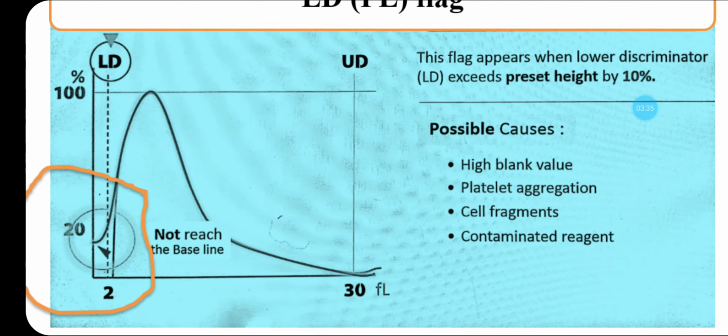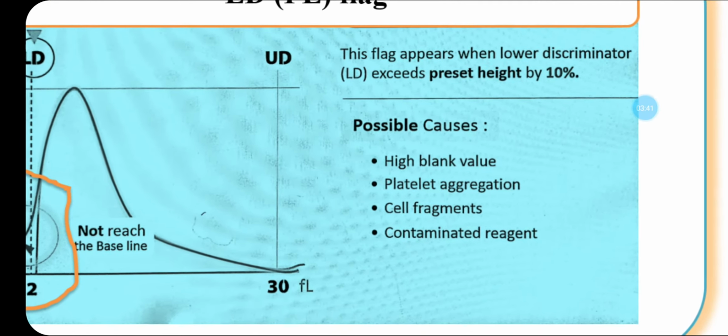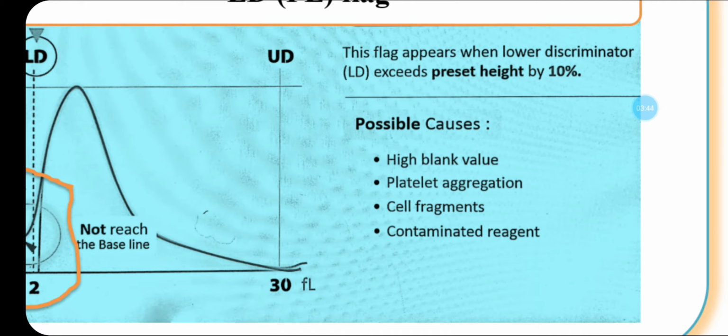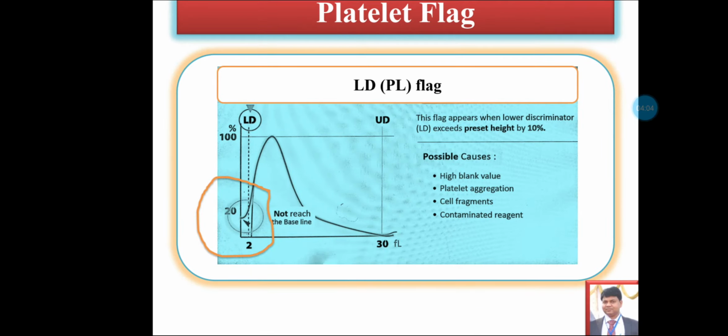If the lower discriminator exceeds the preset height by 10%, the flag appears. The possible causes of this flag are high blank values, in which there is a change in the electrical currents and potential difference that create false counts. Platelet aggregation, cell fragments, and contaminated reagents can all give rise to the lower discriminator flag.